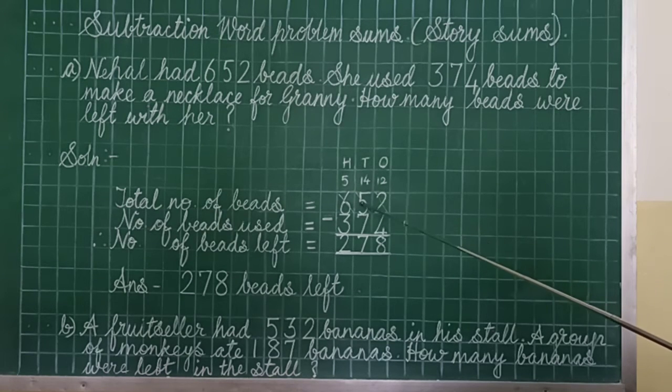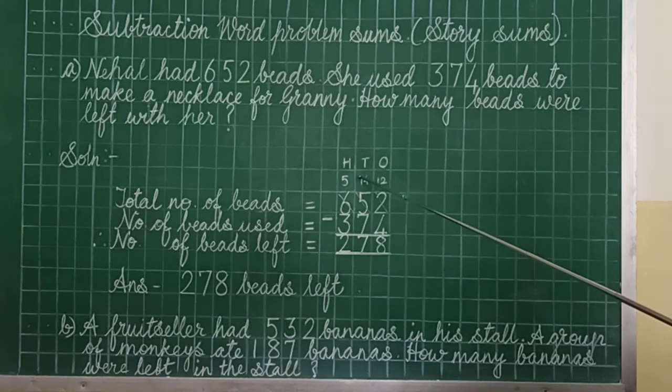Now in the tens place children, you can see we have 4 and 7. We have to subtract 7 from 4. But 4 is smaller than 7 and 7 is bigger than 4. So we cannot subtract 7 from 4. So again we have to borrow 100 from the hundreds place.